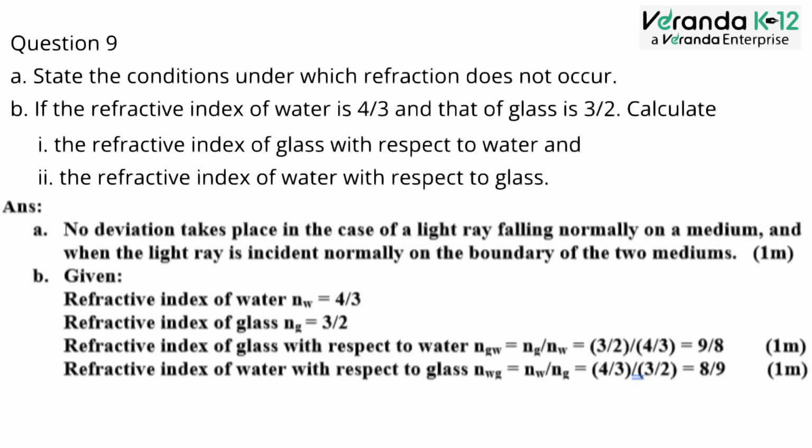Solving the above fraction, we get the answer as 9/8. Refractive index of water with respect to glass is equal to refractive index of water divided by refractive index of glass. Substituting the values, 4/3 divided by 3/2. We get the final answer as 8/9.